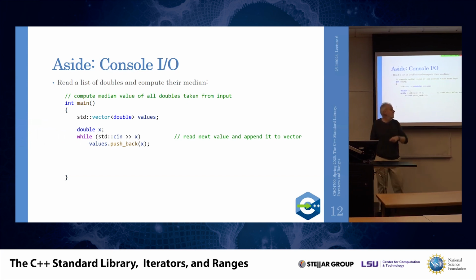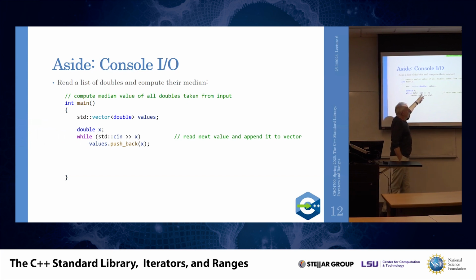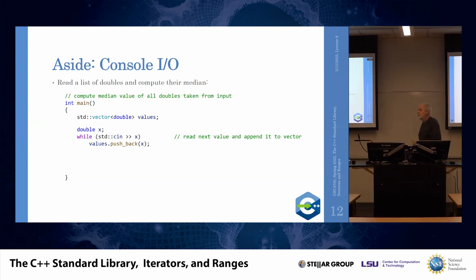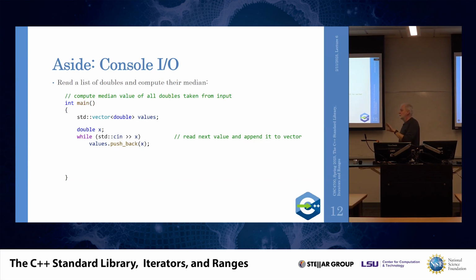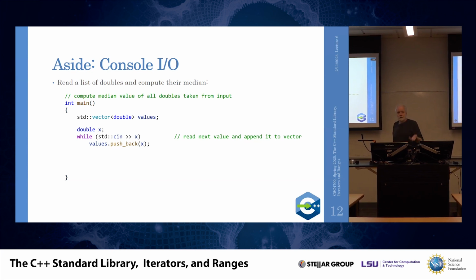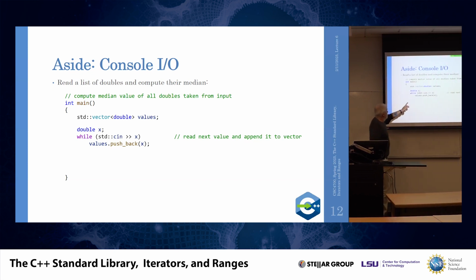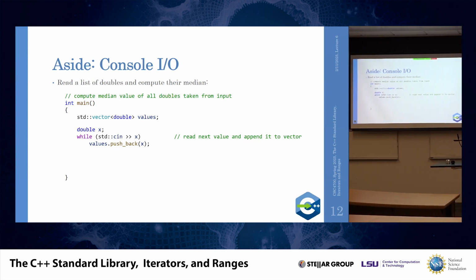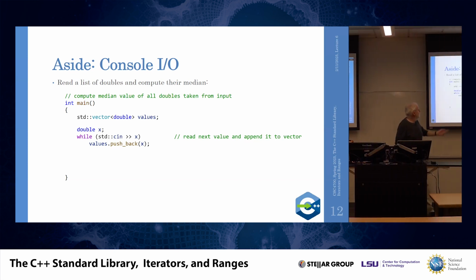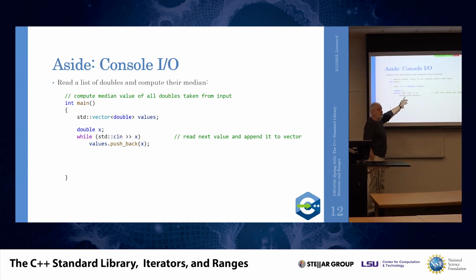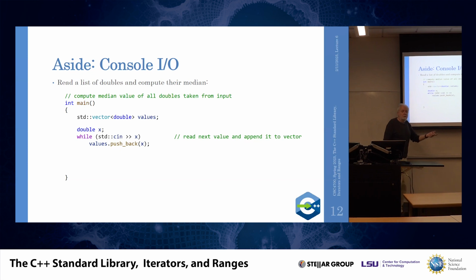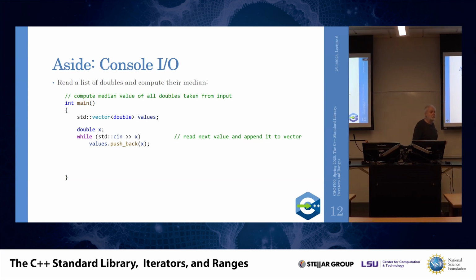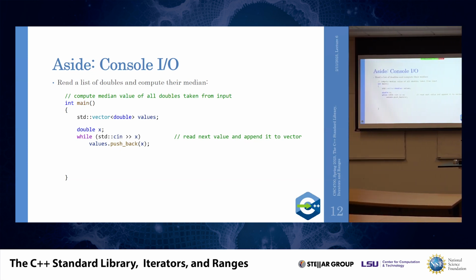So kind of shove it in there. That while operation will be successful until it hits something that is not a double, or whenever you hit end of file. Then it will stop doing that. That's why we can use this operation as if it was a Boolean. So that Boolean will evaluate to true as long as the input operation was successful. And it will read one double after another, which are probably white space separated, or enter or similar things.